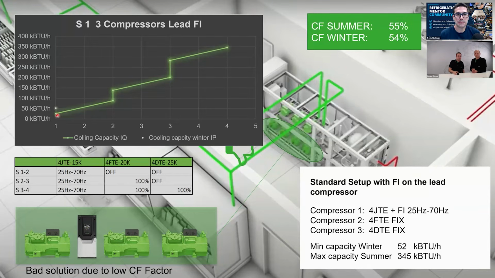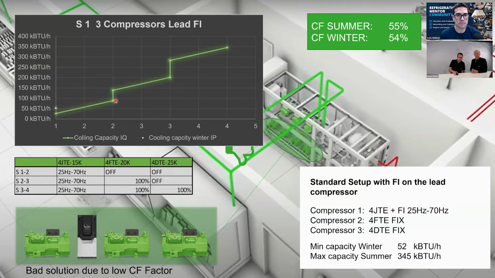Here it is running with 25 hertz. And then when this is at 70 hertz and the combination is restarting, the lead compressor goes back to 25 hertz, and the second compressor is then on with 100%.